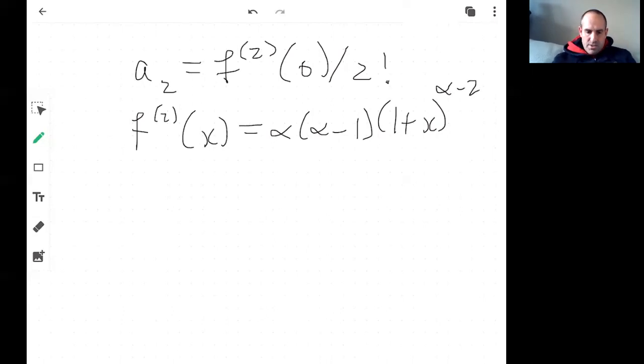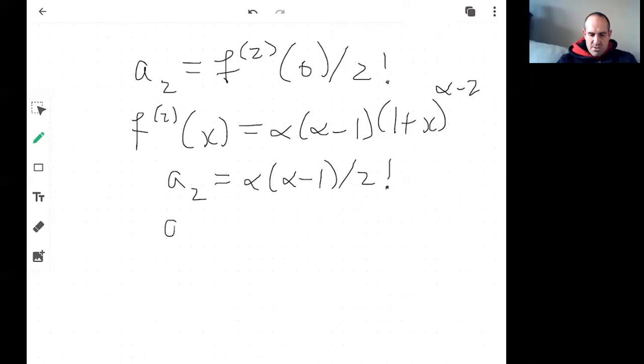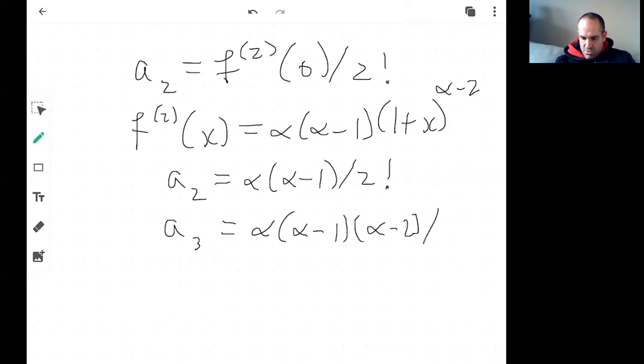Okay, so therefore a2 is going to be alpha times alpha minus 1 divided by 2 factorial. And do you see a pattern starting to emerge here? What do you think a3 is going to be? Well, it's going to be alpha, alpha minus 1, alpha minus 2 over 3 factorial. And then you start realizing, oh man, I do see a pattern.